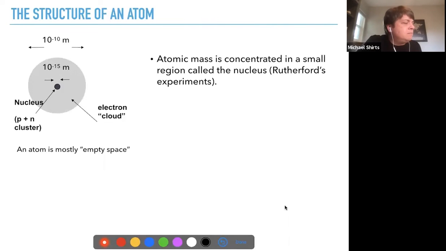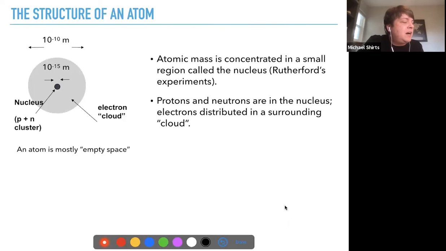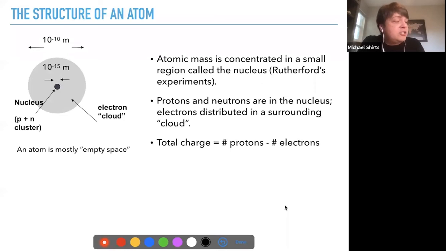Rutherford's experiments, throwing alpha particles, which are basically helium nuclei, at gold foil, showed that most of them went straight through. It's mostly empty space. And the electrons are distributed in the surrounding cloud. The total charge is just going to be the number of protons minus the number of electrons.